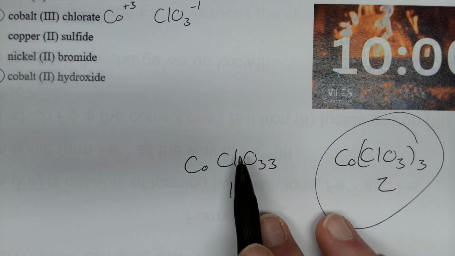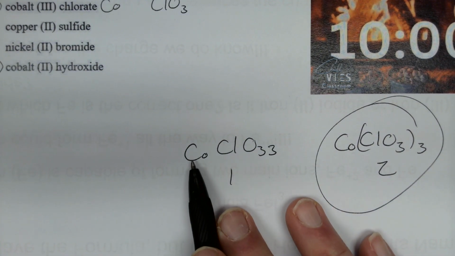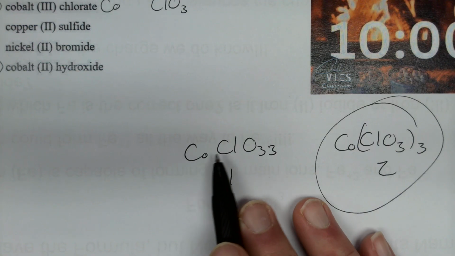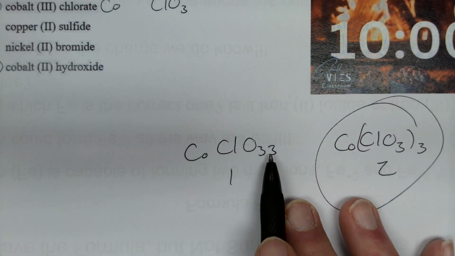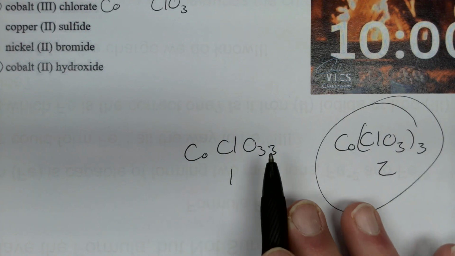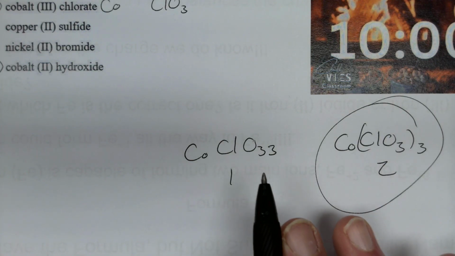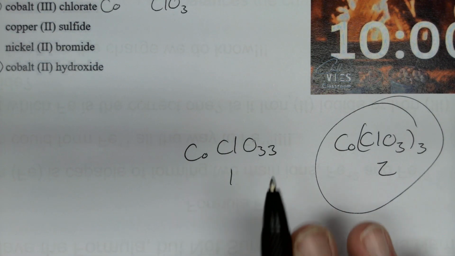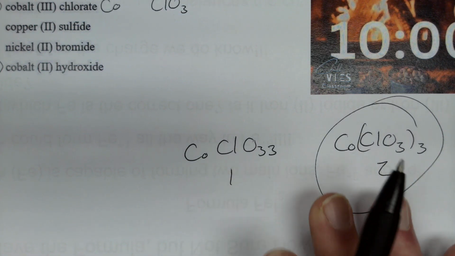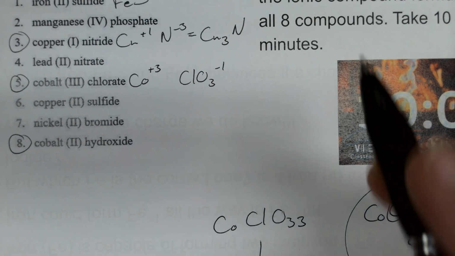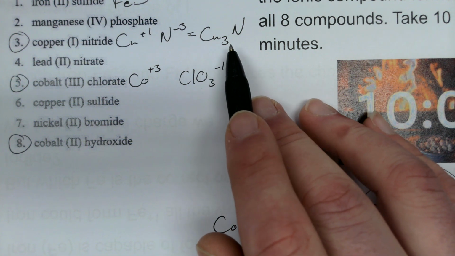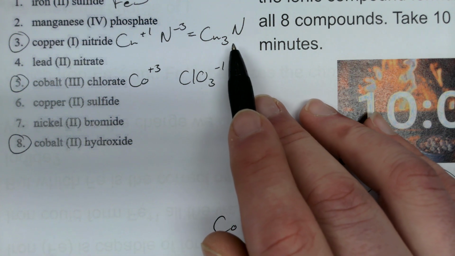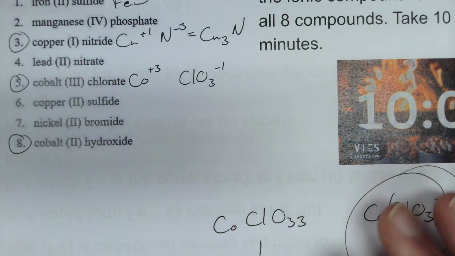Because if you left it as 1, you're telling me that there's 1 cobalt, 1 chlorine, and 3 oxygens. If you have more than 1 polyatomic ion, you have to put the polyatomic ion in parentheses. Notice that when I had multiple metals, I just put the number next to it, because I'm just saying there's 3 coppers.